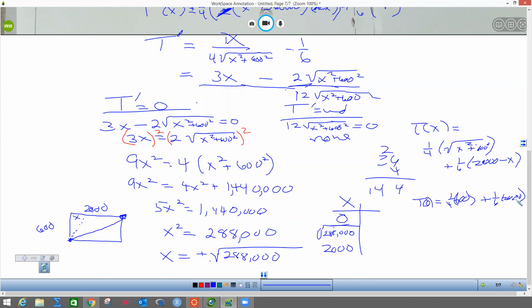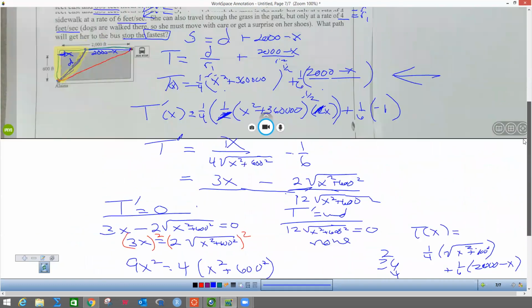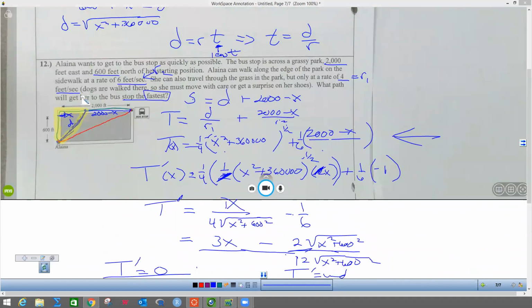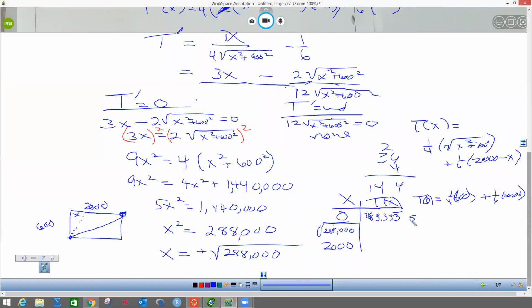So that comes out to be 483.333 repeating on my time. Now, just to remind you what this time is up here, this was 4 feet per second, so this would be seconds. So if you follow the sidewalk, it would take you that long to get there.